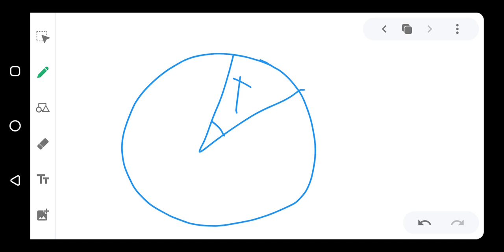This is A. And then for the second one, which is for 2, is going to be this. So you see that B is bigger than A. And now this one, from here to here, this is the third one, that is C. So C is the biggest, so it takes the biggest angle.